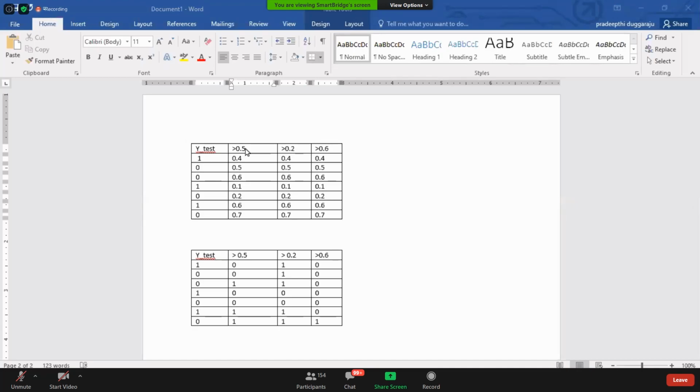So first I'm considering the threshold as 0.5, then 0.2, and then 0.6. As 0.4 is not greater than 0.5, it became 0. So all the values less than 0.5 will be 0, and those greater than 0.5 will be 1. In the same way, I consider the threshold 0.2, and in the same way the threshold 0.6. So now my values are like this.